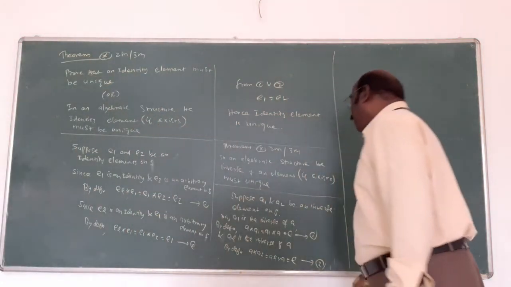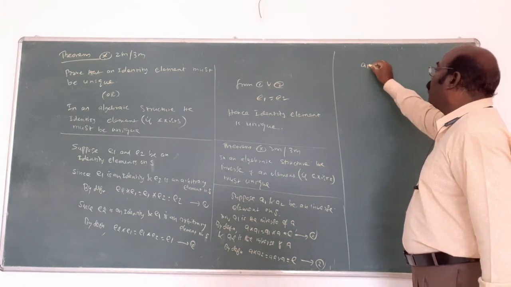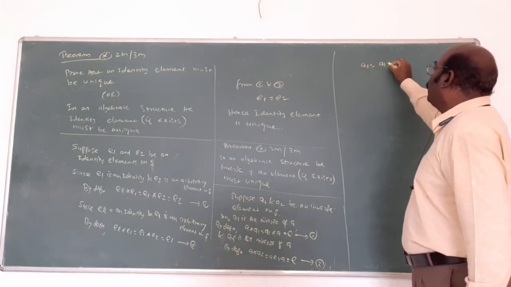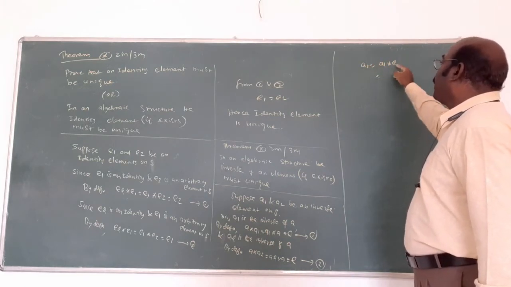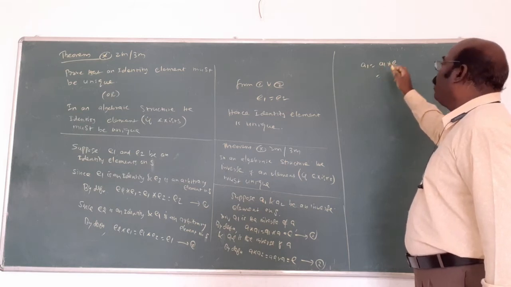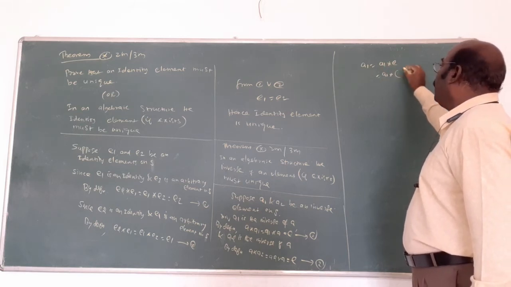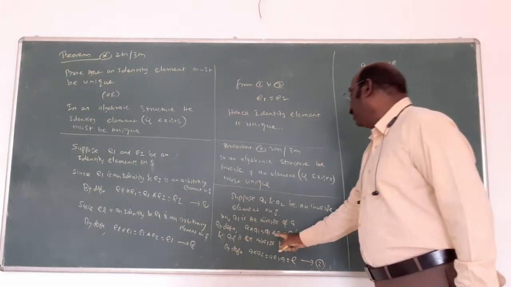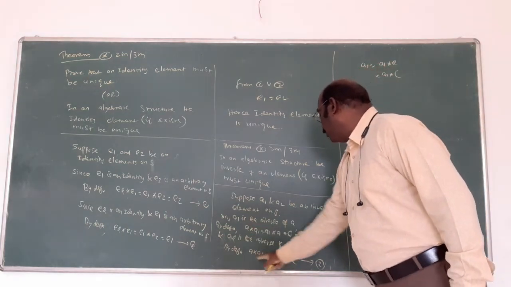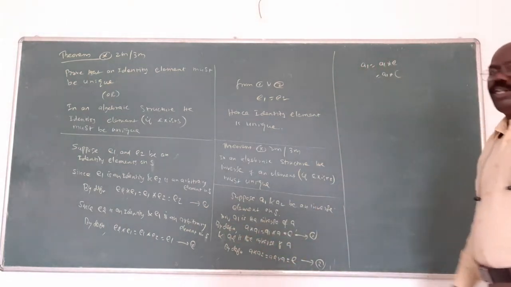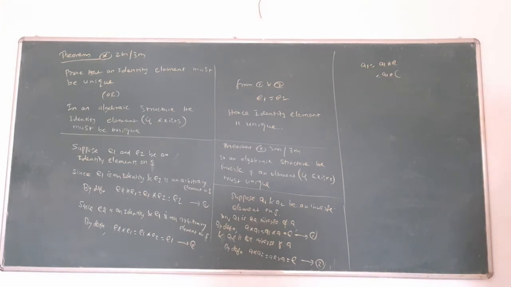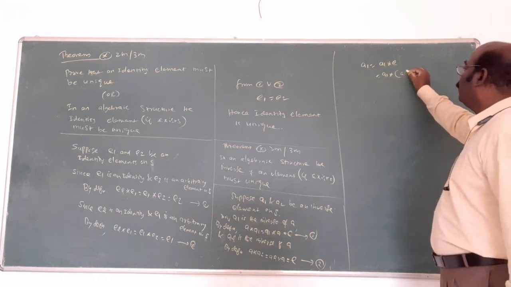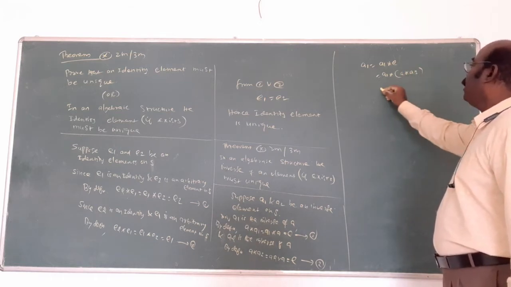A1 is equal to A1 star E. Am I right? Because A1 into E, every form is E. But you want to prove A2, so you want to write E in terms of A2: A star A2. Am I right?